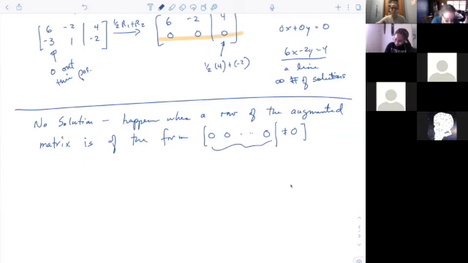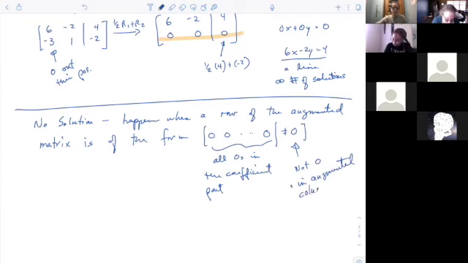So these are all zeros in the coefficient part of the matrix and not 0 in the augmented column.